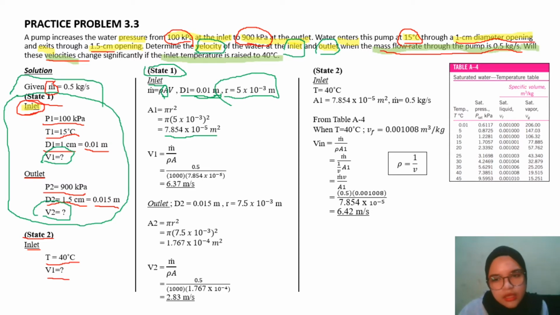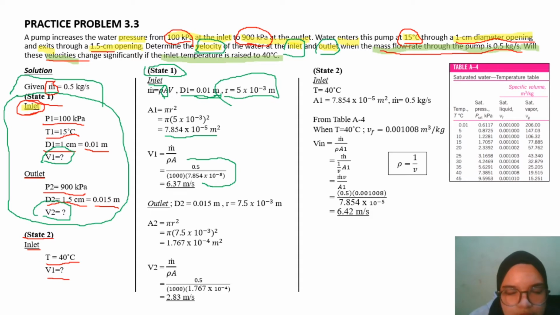And then we proceed the value of the area into the formula of V equal to mass flow rate divided by density multiplied by area. So here we put the value, and then we get the velocity inlet, which is 6.37 meter per second, and we get the answer of V1.